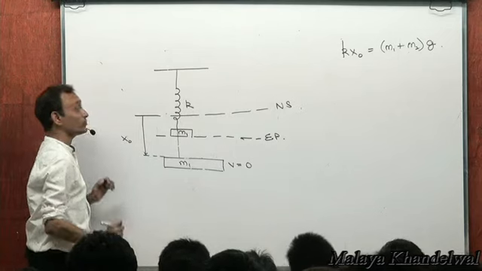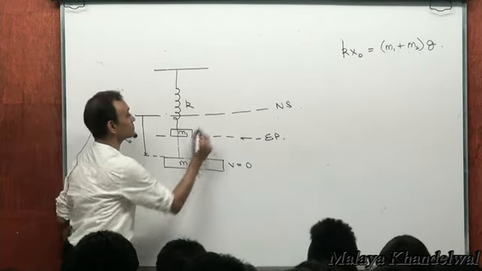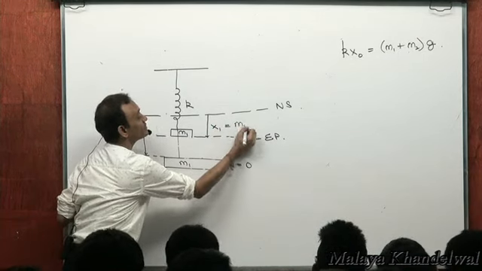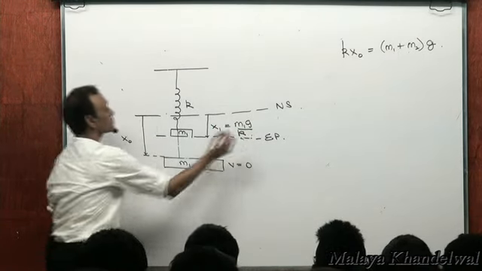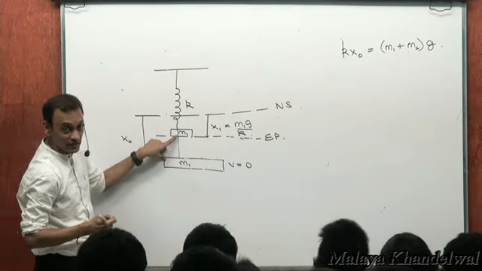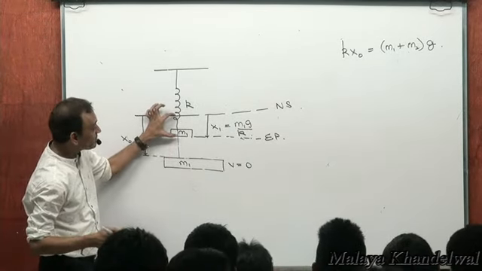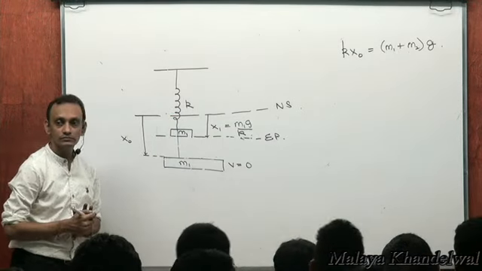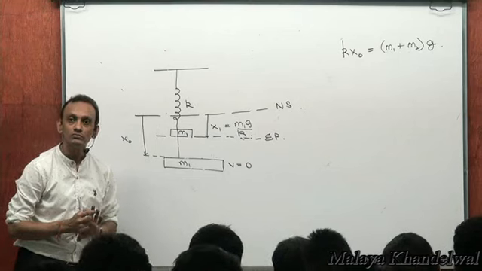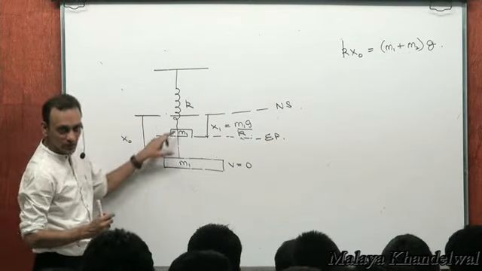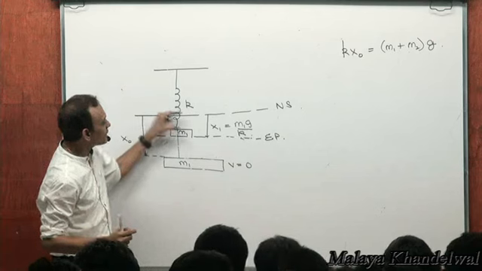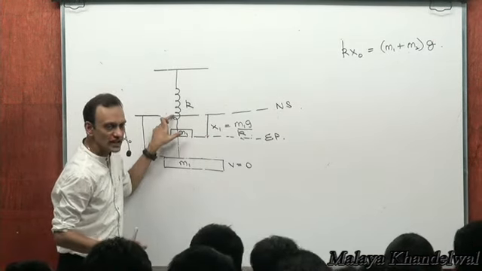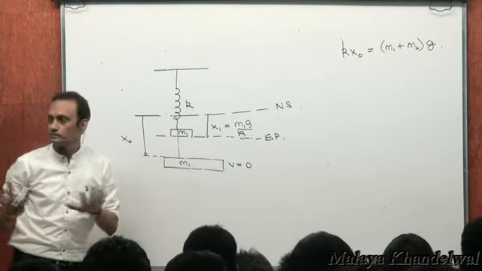For m1, realize that the equilibrium position must be, say this is x1, which is m1 g by k. Do you realize this? In order that the mass m1 is in equilibrium, the spring must have had an elongation x1 such that k x1 is m1 g. Yes or no? The equilibrium position of mass m1 must be commensurate with elongation of the spring x1 such that spring force k x1 balances m1 g.